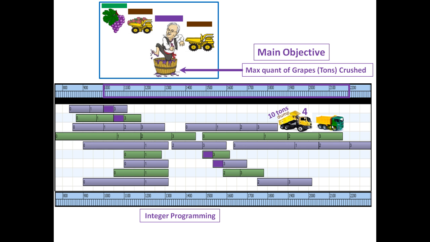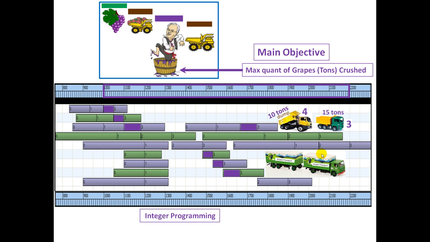Then you have the normal truck, and the integer programming engine tells you that the optimal solution is found with 3 activities, 1, 2, and 3, that you perform with this kind of truck, which allows you to load 15 tons. That's why the activity is a little longer than the activities performed by the smaller truck.